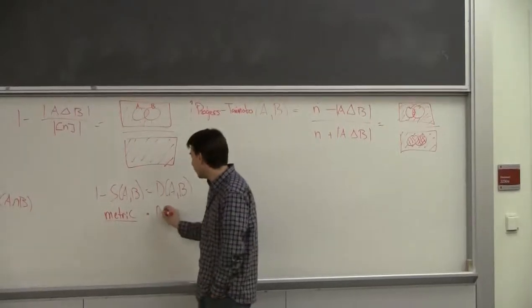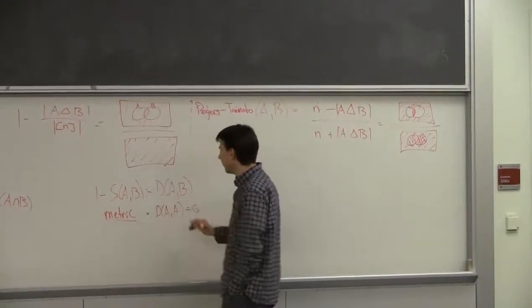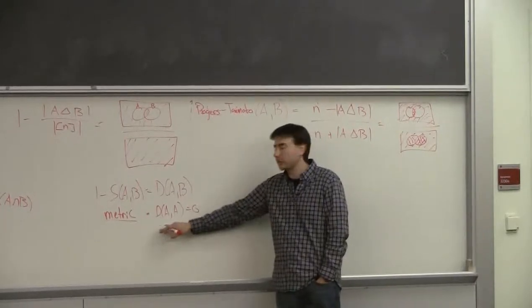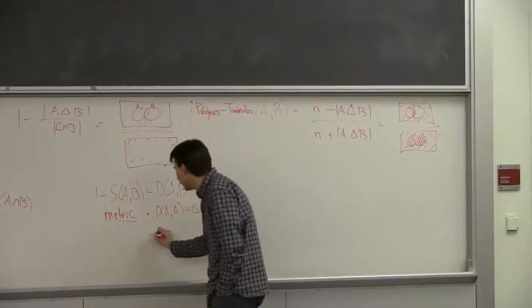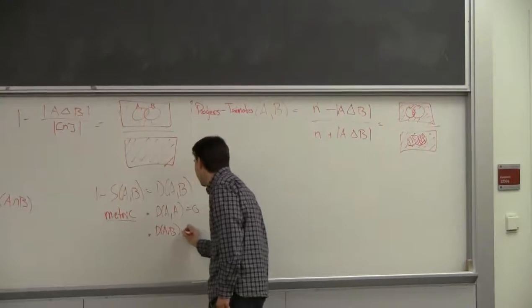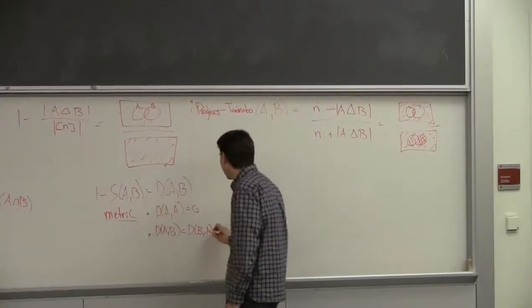So it has that d of a and a equals 0. So if you're comparing the distance between something and itself, the distance is going to be 0. It's going to have that d of a and b is equal to the distance of b and a.